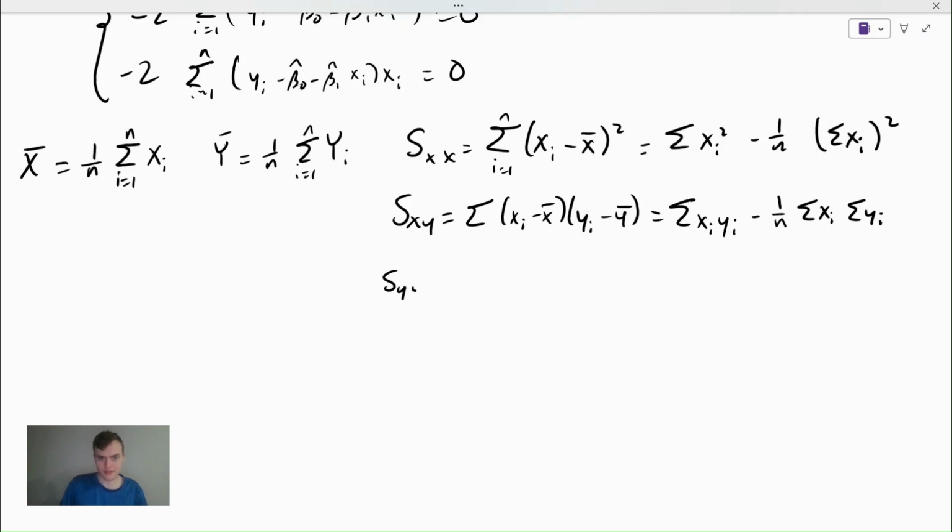And then Syy is going to be the sum of (y_i minus y bar) squared. And how could we compute that faster? It's the same as this Sxx, just replacing the x's with y's.